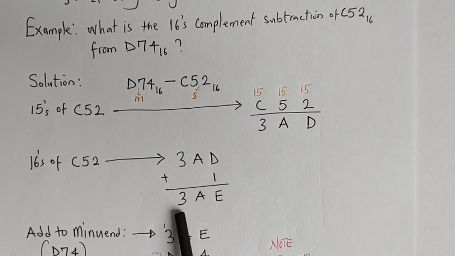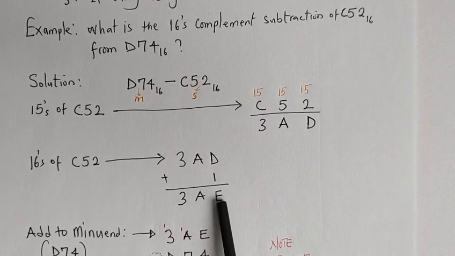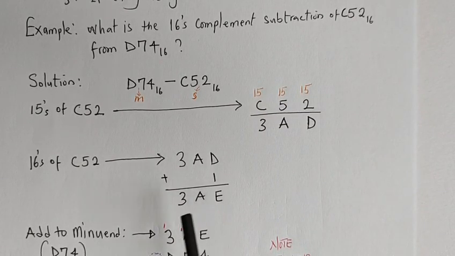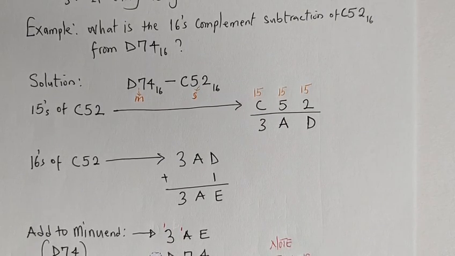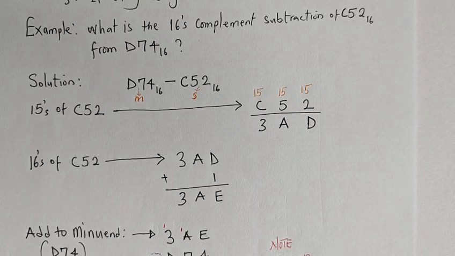So we're going to get 3AE. Now once you obtain this result, rule number 2 says add it to the minuend. The minuend is D74.